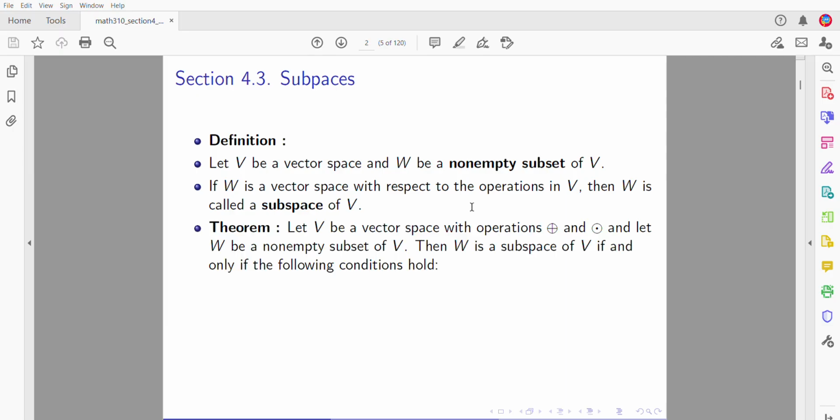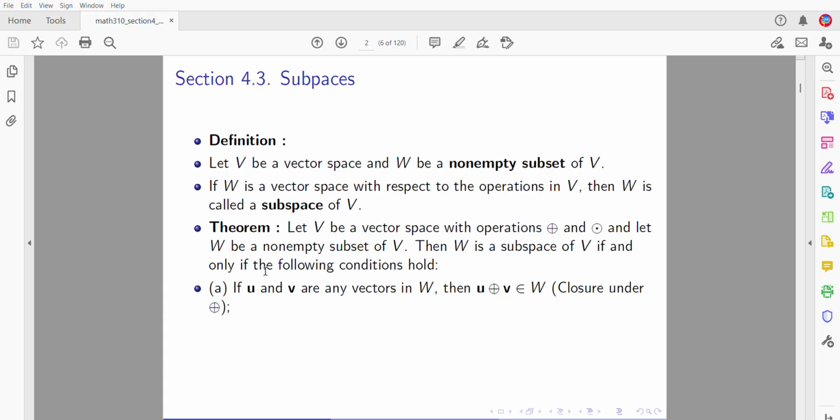Theorem. Let V be a vector space with operations ⊕ and ⊙ and W be a non-empty subset of V, exactly as before. Then W is a subspace of V, that is, W is a vector space in its own right, if and only if the following conditions hold.